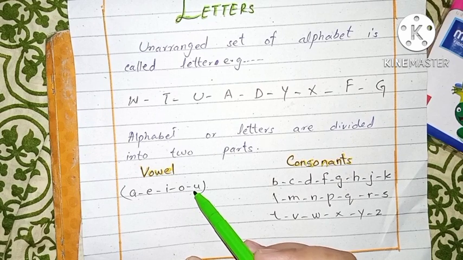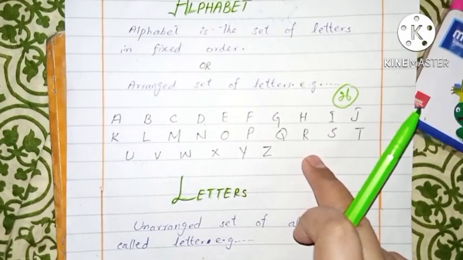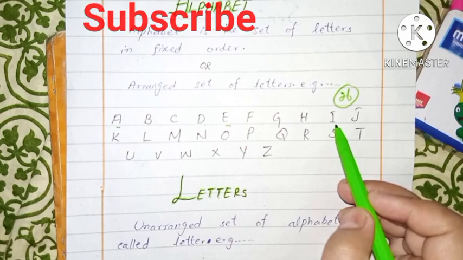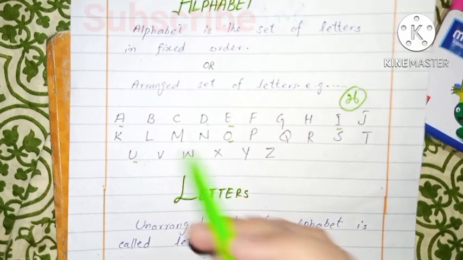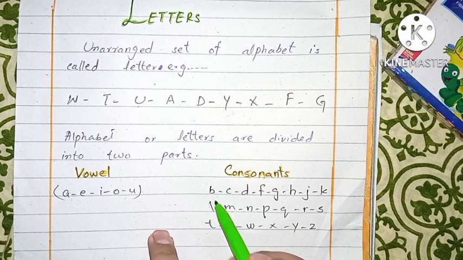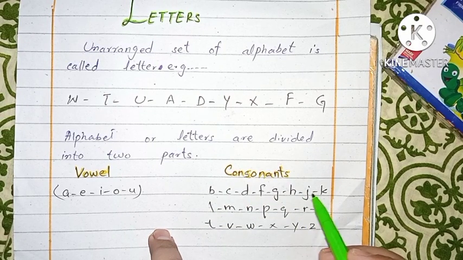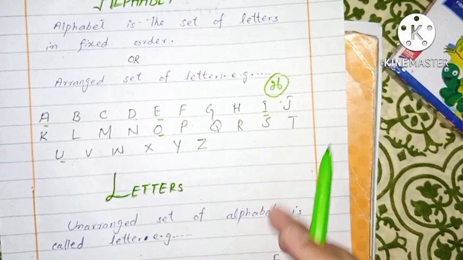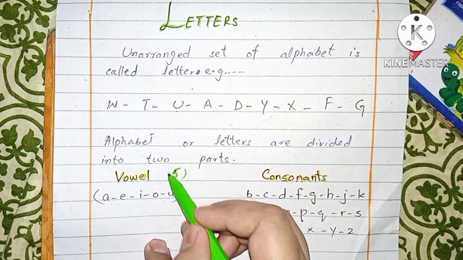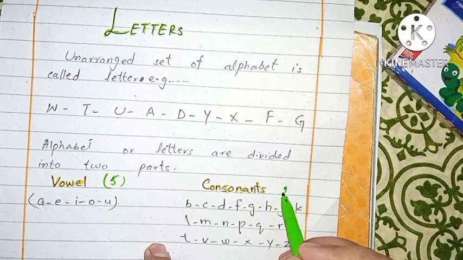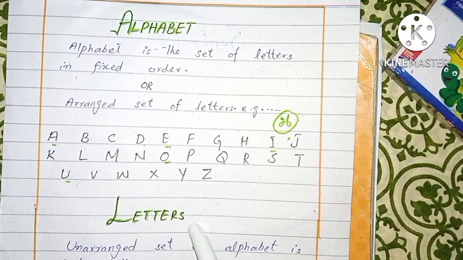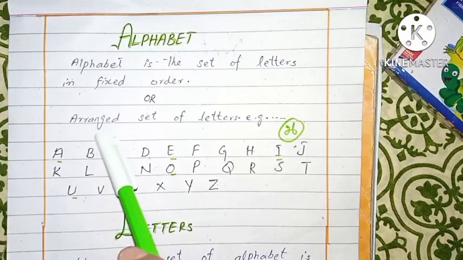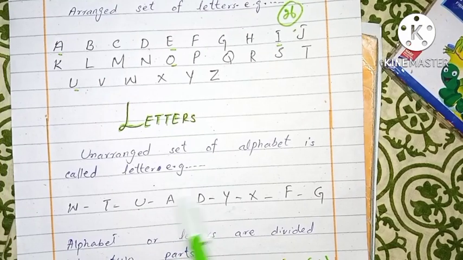A, E, I, O, U. From these alphabets, A, E, I, O, U are vowels, and the rest are consonants: B, C, D, F, G, H, J, K, L, M, N, P, Q, R, S, T, V, W, X, Y, Z. So total alphabets are 26. Vowels are 5 and consonants are 21.